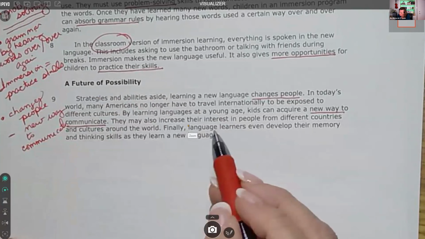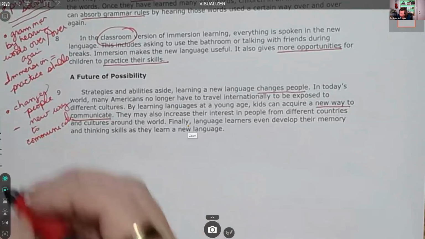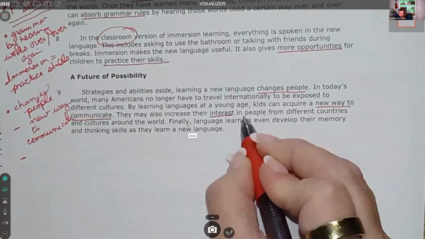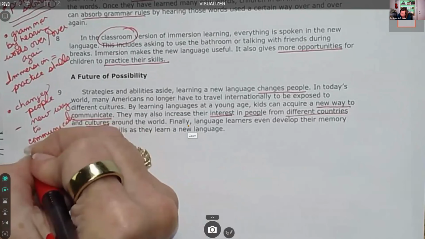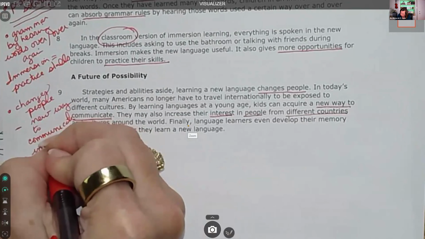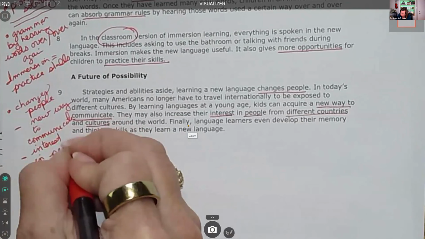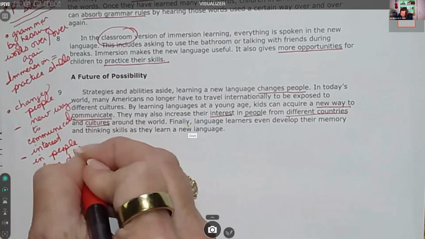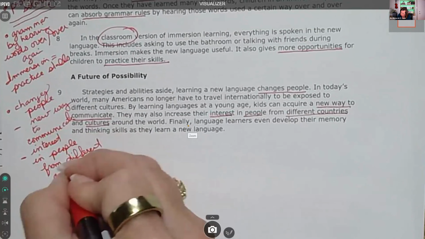They may also increase their interest in people from different countries and cultures around the world. That's interesting because they can have interest in people from different countries and cultures, right? Interest in people from different countries and cultures.